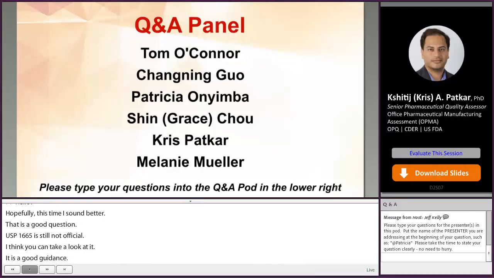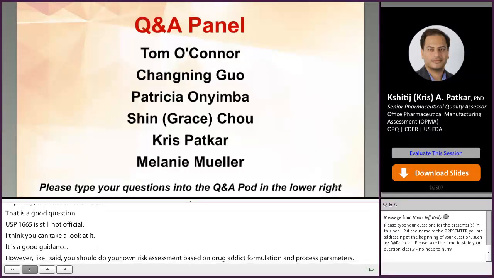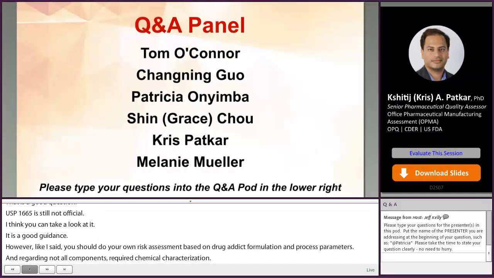And regarding not all components requiring chemical characterization, if you did total NVR, and you found that total NVR are above the analytical evaluation threshold, then you're expected to further identify individual compounds from the total NVR and then quantitate them.